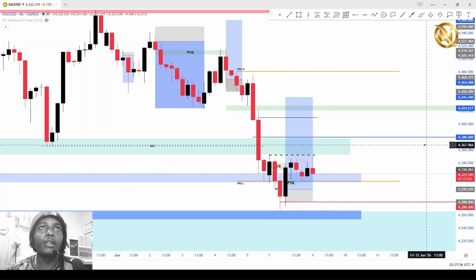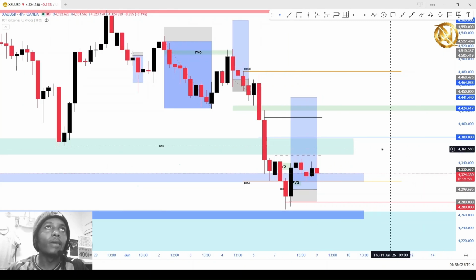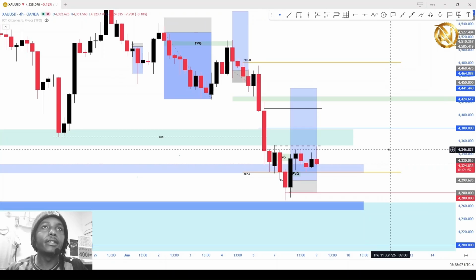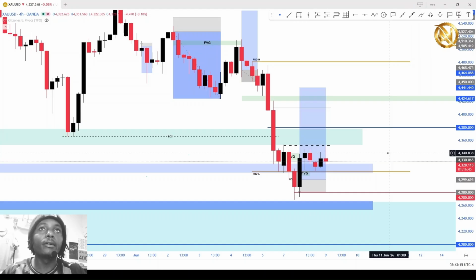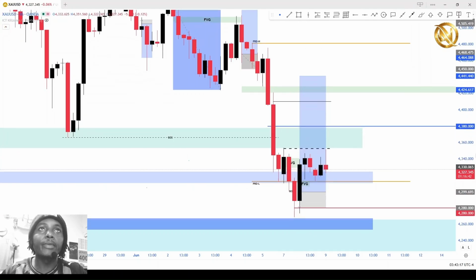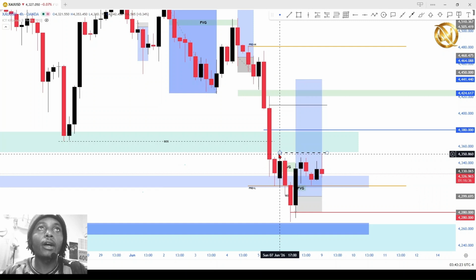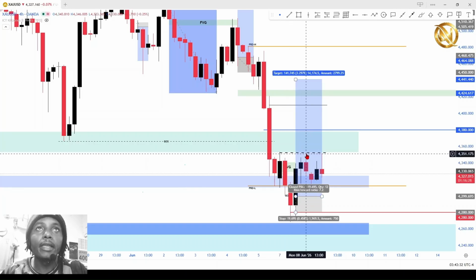So this will be a clear level for discount, but it was a premium level. Sorry, where was I? Let me go back from this level. What I am currently observing is that this level is going to be more of a premium level, because we can see when price touches it, it rallies down.